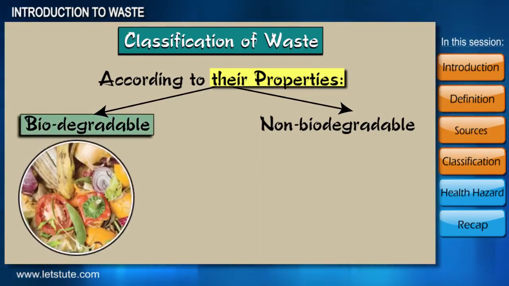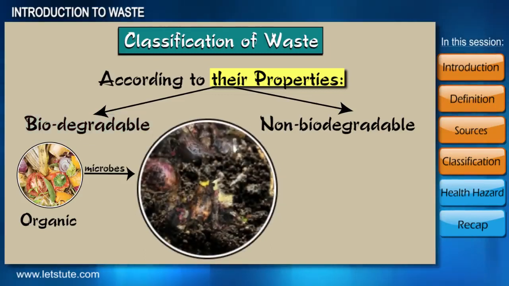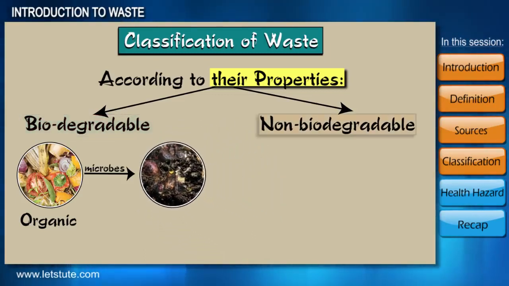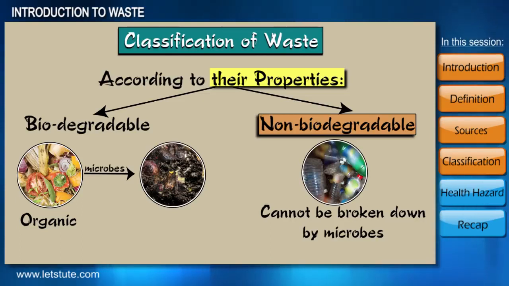Waste that is organic, the one which can be easily broken down by the action of microorganisms over time, is called biodegradable waste. Whereas the non-degradable wastes are the ones which cannot be broken down by microorganisms and will remain on the earth for years until we properly manage them.